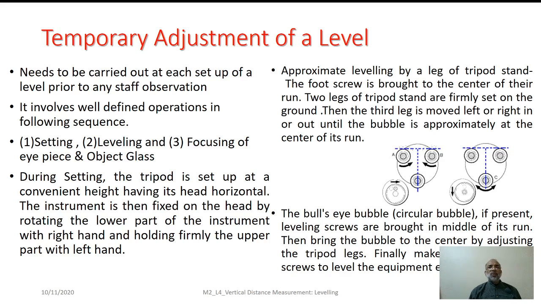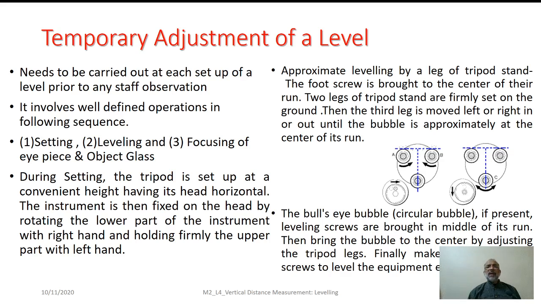The adjustments which are done at each of the stations are called temporary adjustments. These need to be carried out in a specific sequence: setting the equipment, leveling the equipment, and thirdly, focusing of the eyepiece and object glass.